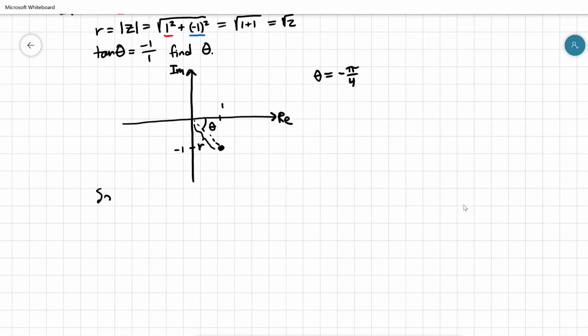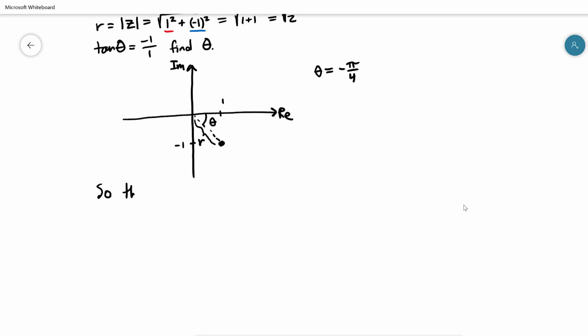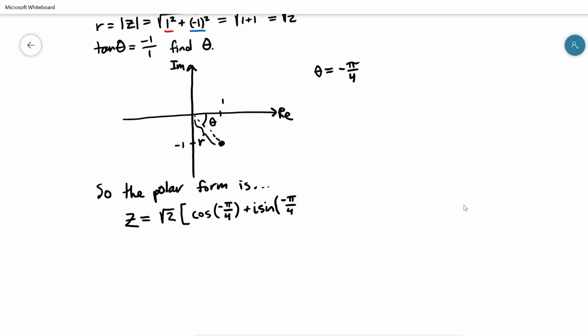So basically, with this in mind, the polar form is the following. z is going to be equal to r, which was the square root of 2, times the cosine of -pi/4 plus i times the sine of -pi/4.